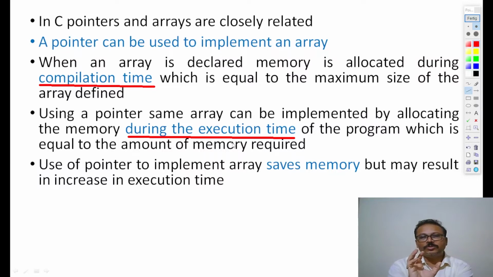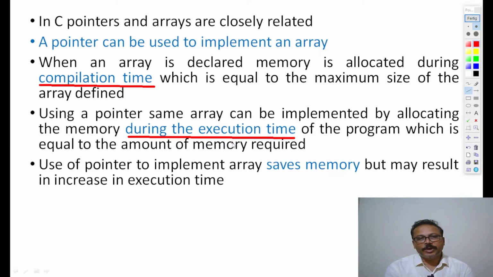So what is the use of pointers? It allows us to use the memory efficiently. We may save memory also. We have seen that in the case of an array, we have to specify the maximum size. Whether you use all the locations or not doesn't matter, you will be allocating memory equal to the max size.